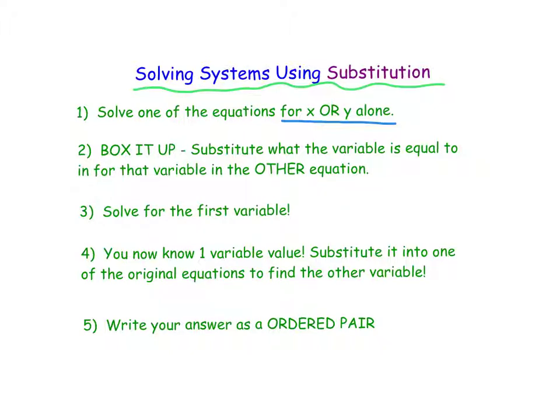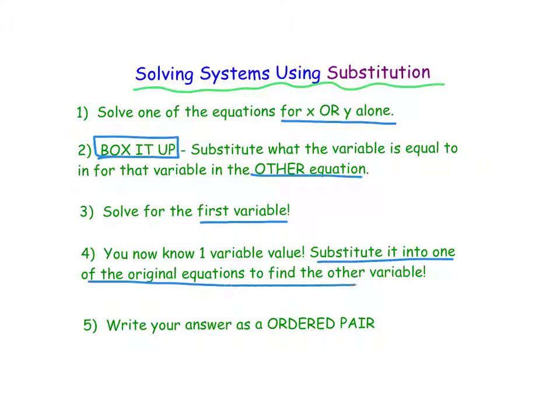Then we're going to box it up and substitute it into the other equation. We'll then have an equation with one variable, so we can solve for the first variable. Now that we know the first variable value, we can substitute it into the original equations, find the other, and then write our final answer as an ordered pair.